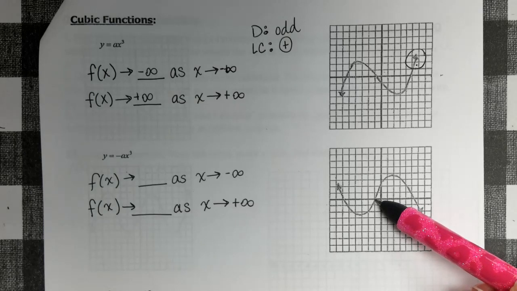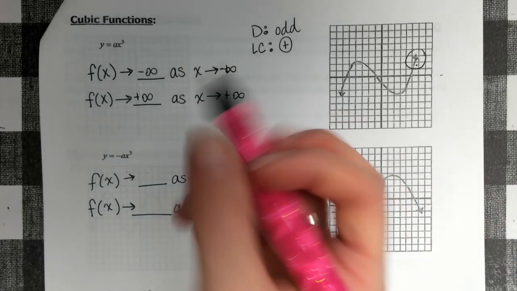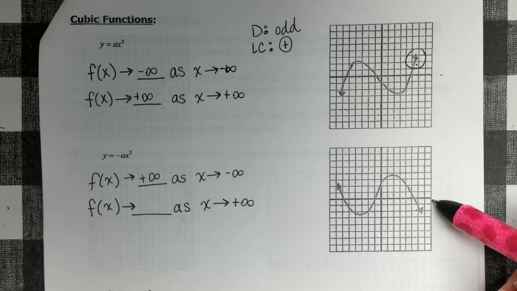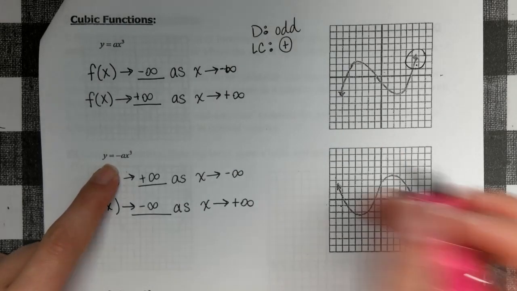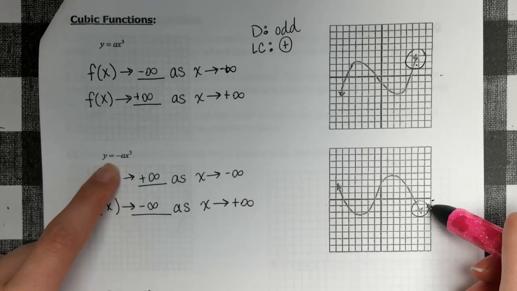So as x approaches negative infinity, which is my left, where's my graph going? It's going to positive infinity. The right side goes where? Negative infinity. Notice that my leading coefficient was negative, so it ended negative. Okay?